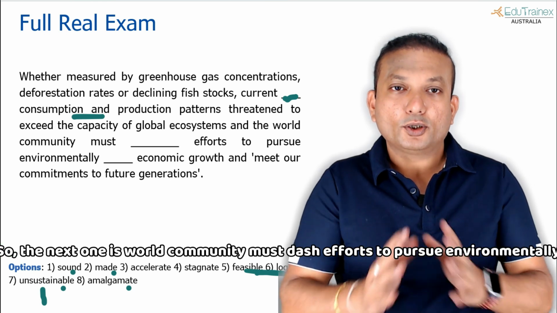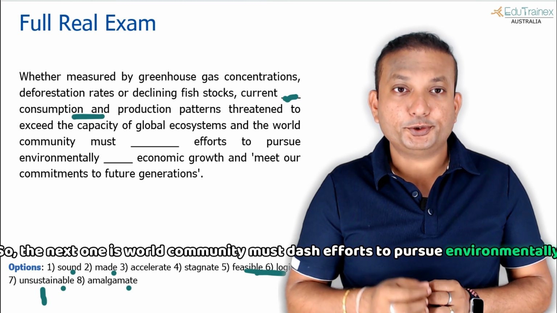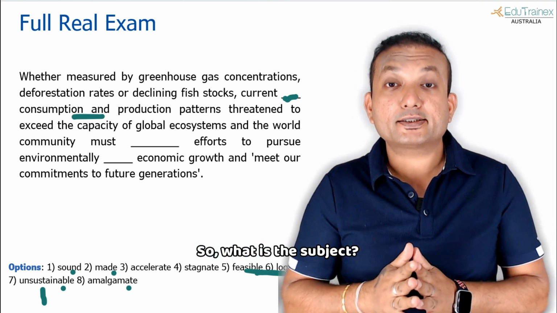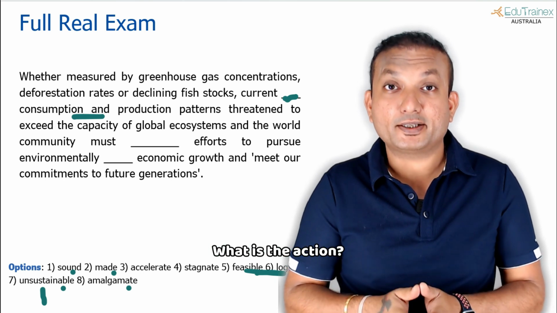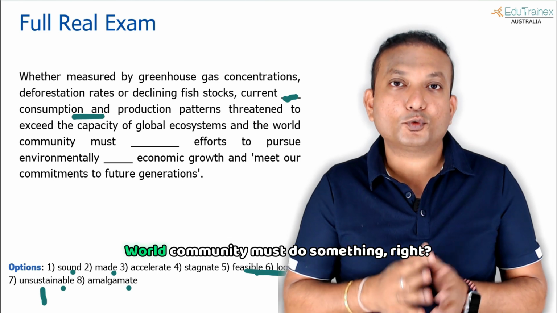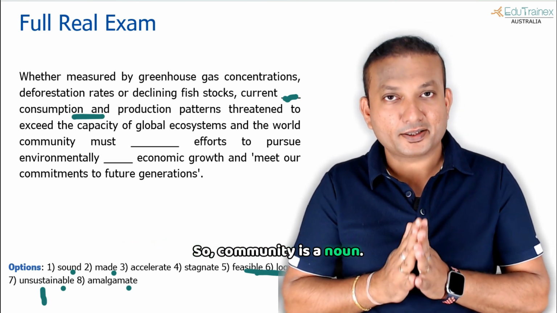Anyway, so the next one is: world community must dash efforts to pursue environmentally dash economic growth. So what is the subject? What is the verb? What is the action? That is what we are looking for. World community must do something, right? So community is a noun.